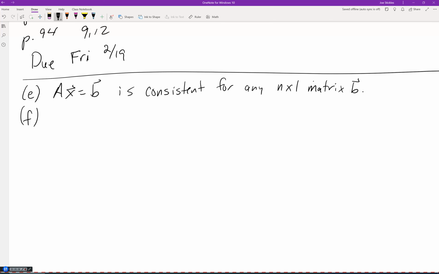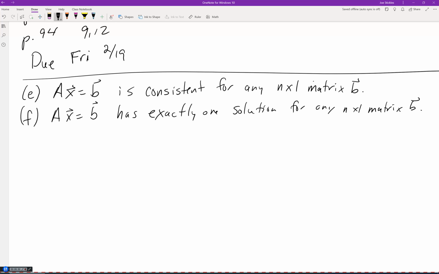The next one's a little bit stronger. This says that AX equals B has exactly one solution for any n by 1 matrix B. And certainly the fact that a matrix is invertible would give you this statement as well, right?